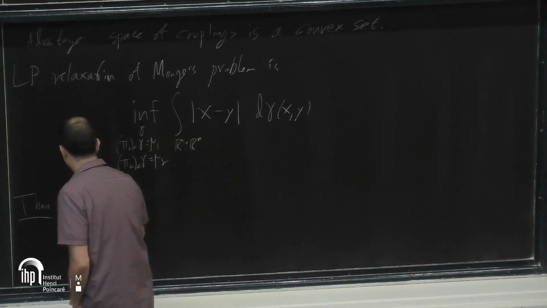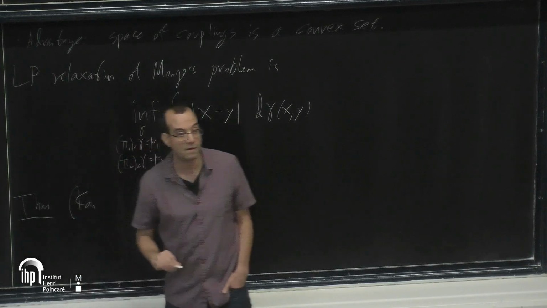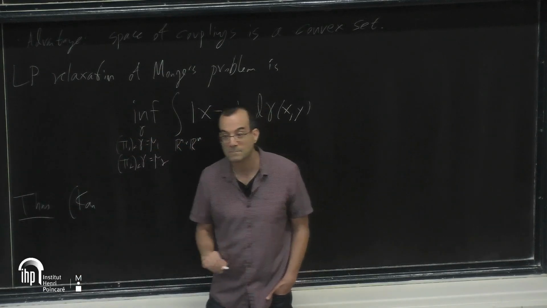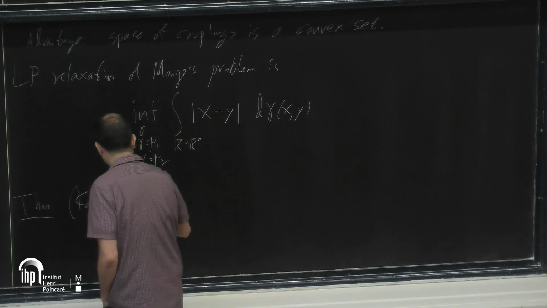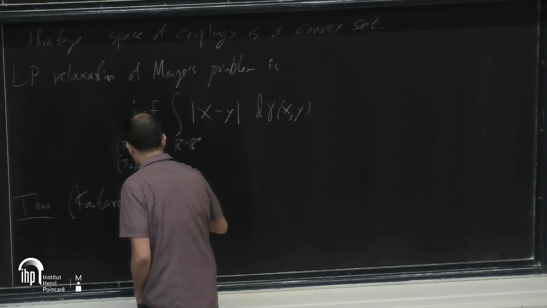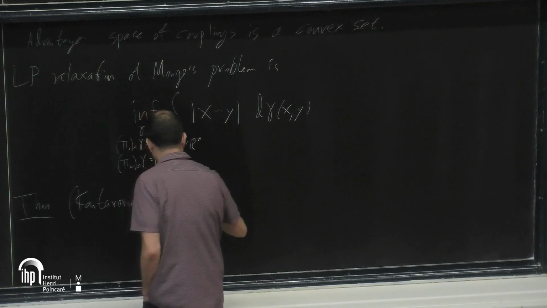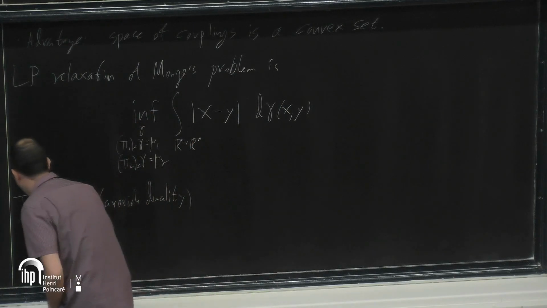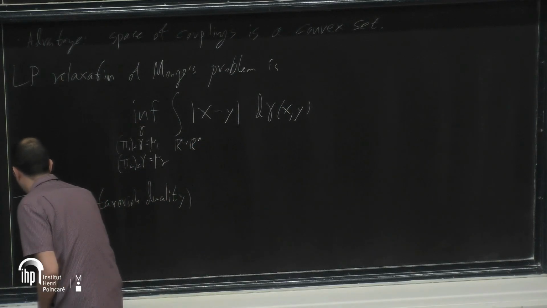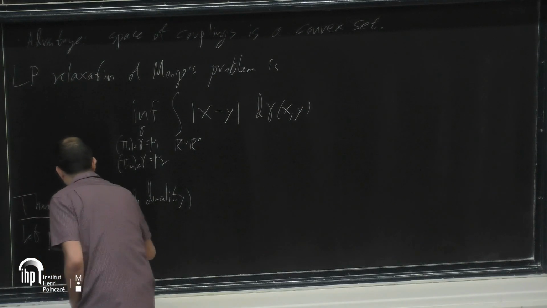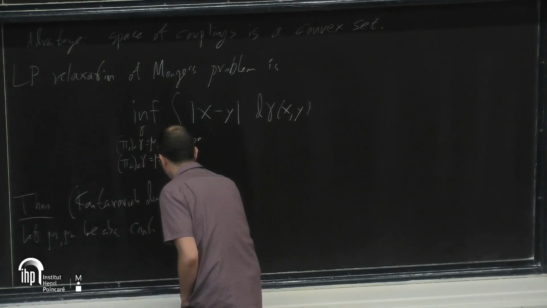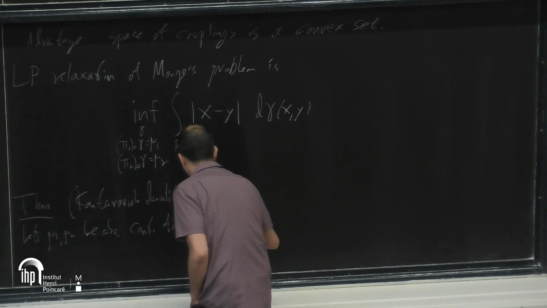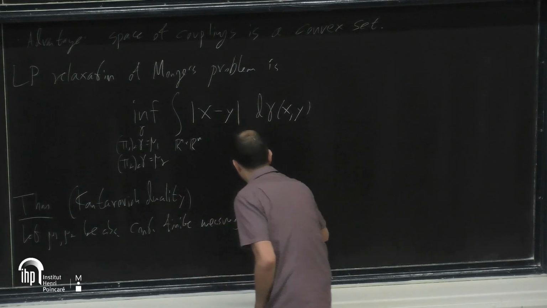Okay, so Kantorovich duality. More questions? Hi, Matthew. Kantorovich duality. Okay, so let mu1, mu2 be absolutely continuous finite measures with the same total mass.